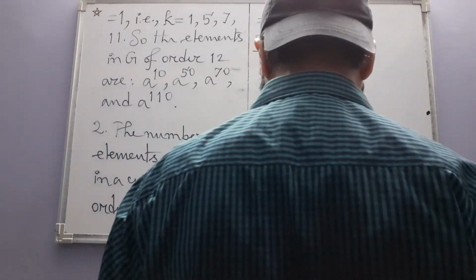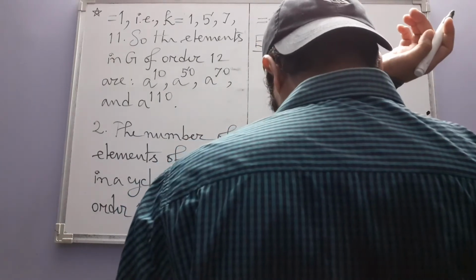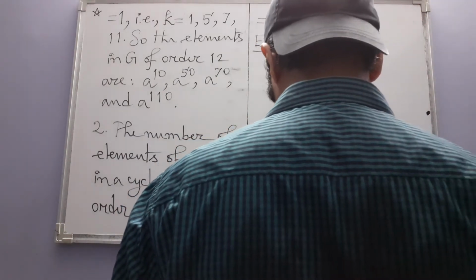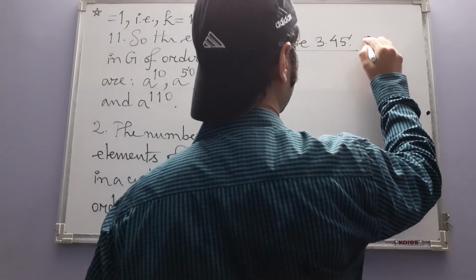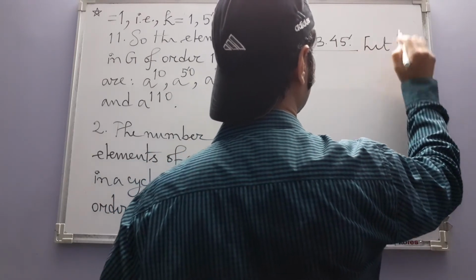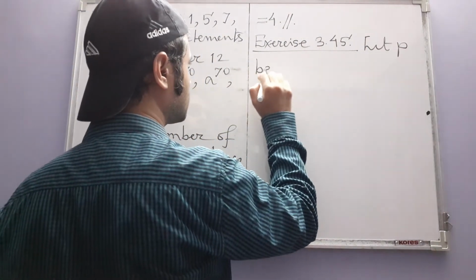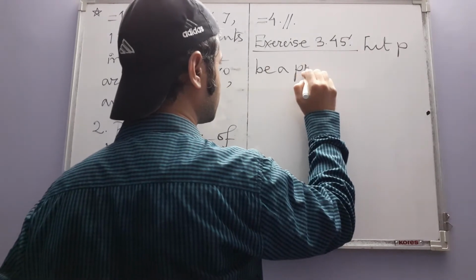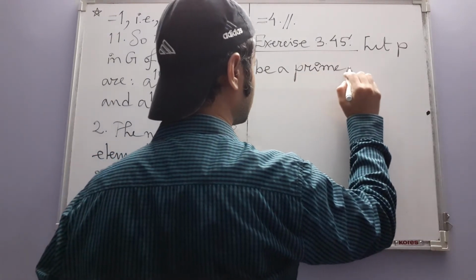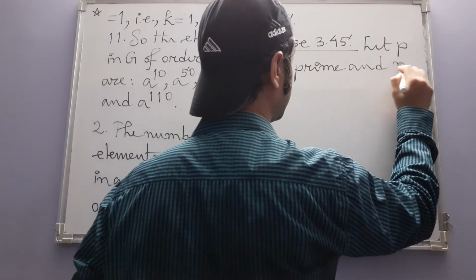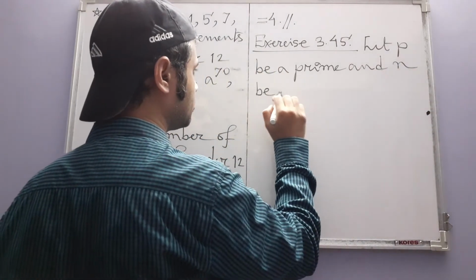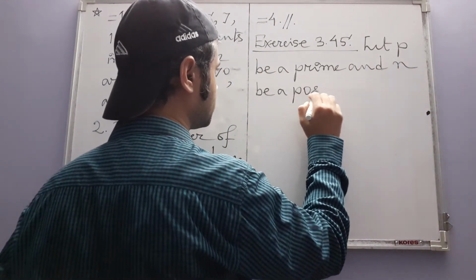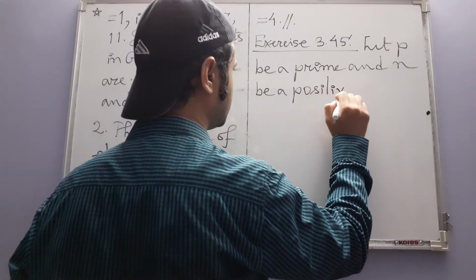This one is a purely number theoretic one. Let p be a prime and n be a positive integer.